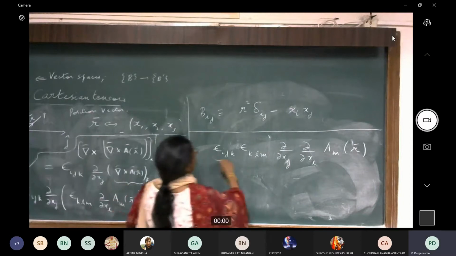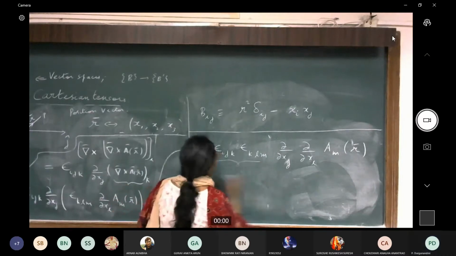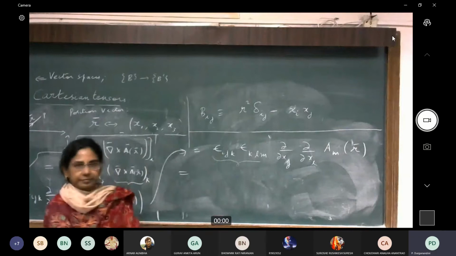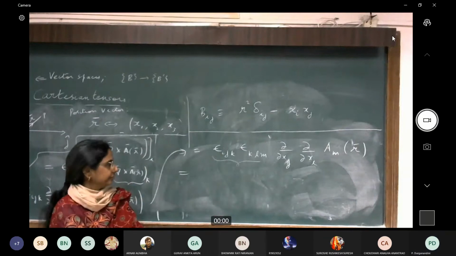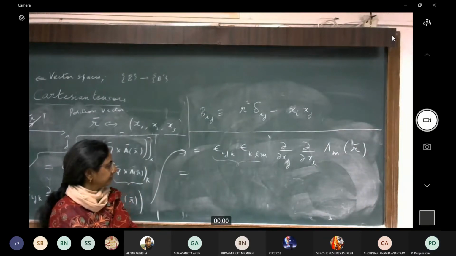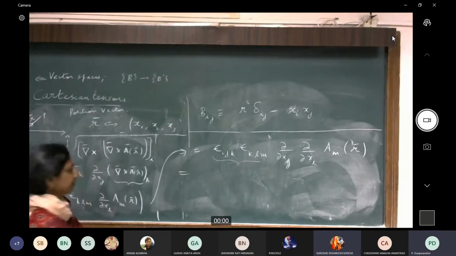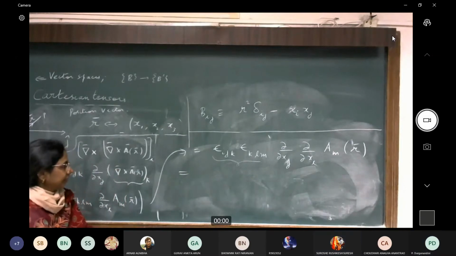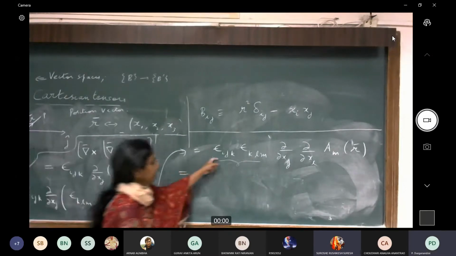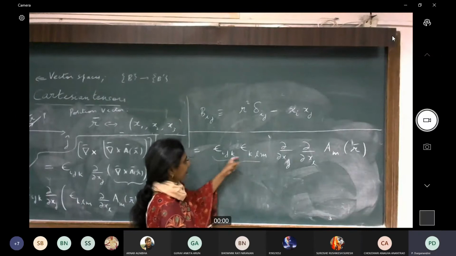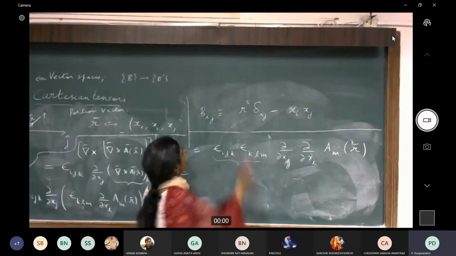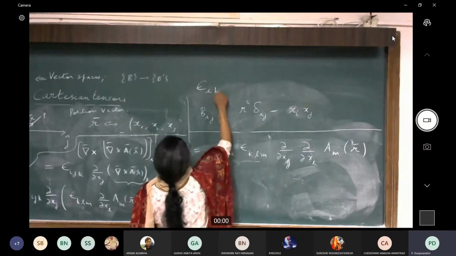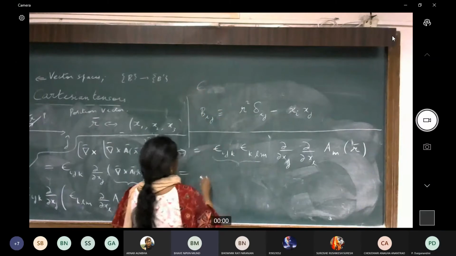Now, what is epsilon_ijk times epsilon_klm? Here I'm doing a repeated summation of k. What is it? Delta_il delta_jm minus delta_im delta_jl.